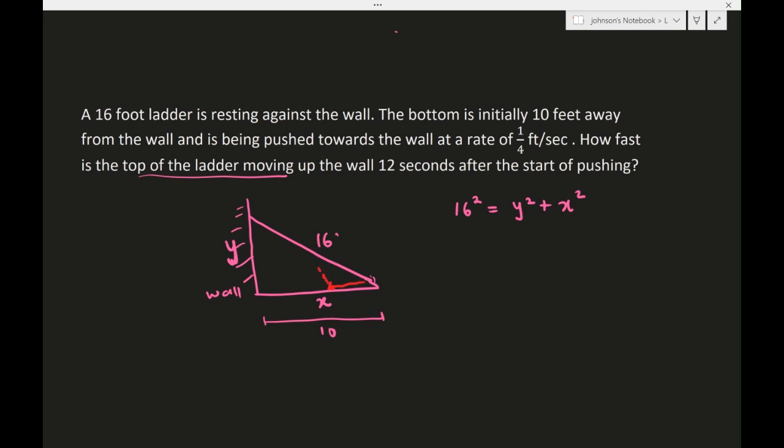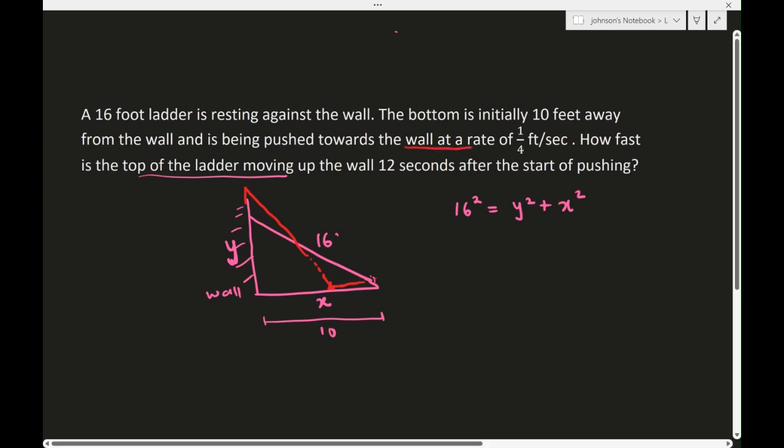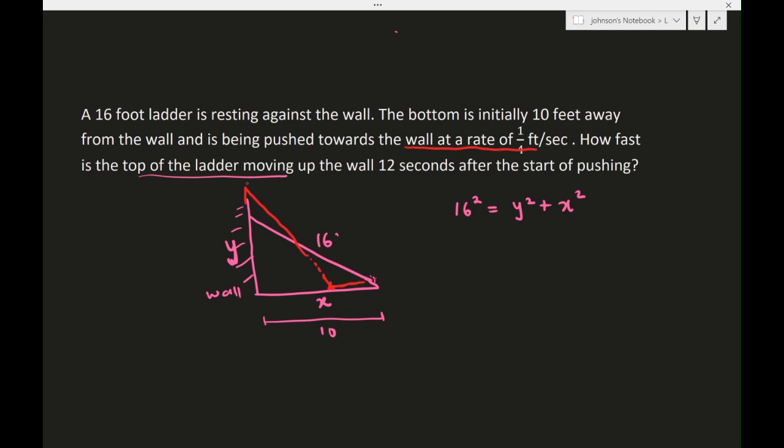What will happen? You see that the height will change. Because you are pushing it towards the wall at the rate of 1/4, what we want to find is the change in this height. What will be the change of y? Because y is going to increase, right?